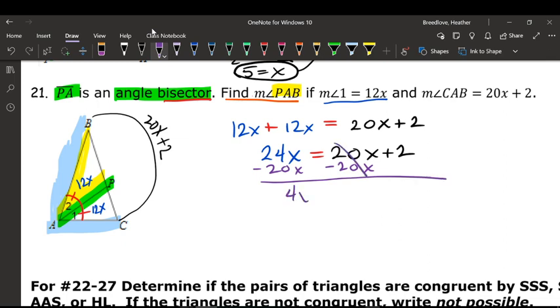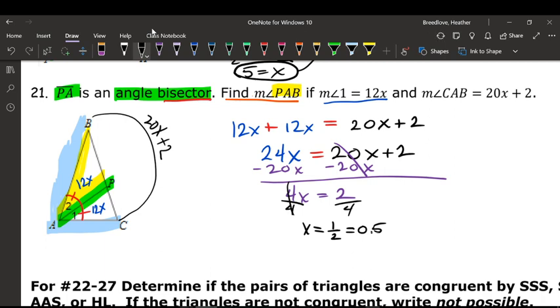So 4x equals 2. And then if I divide by 4, then x equals 2 over 4, but 2 over 4 is the same as half, or I could say 0.5. If you prefer a decimal, that's fine. Whichever way you'd rather write it.